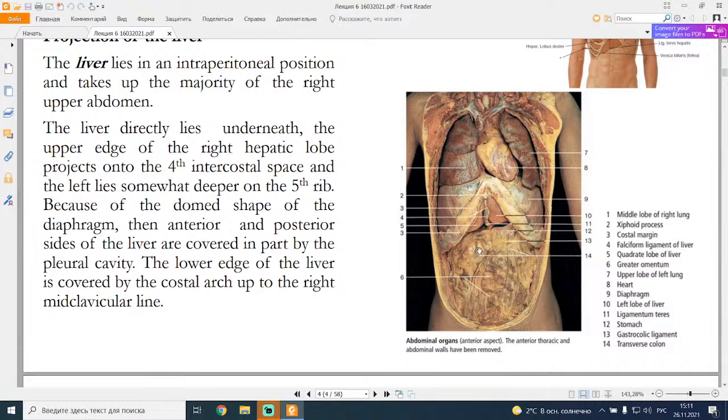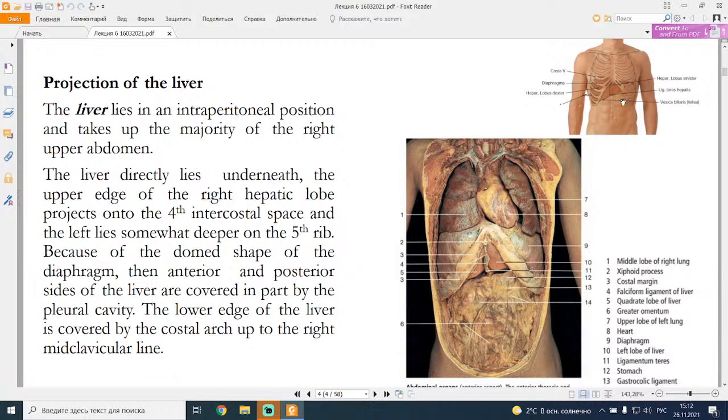Because of the domed shape of the diaphragm, the anterior and posterior sides of the liver are covered in part by the pleural cavity. The lower edge of the liver is covered by the costal arch up to the right mid-clavicular line.